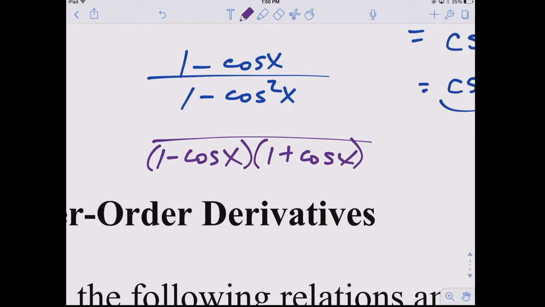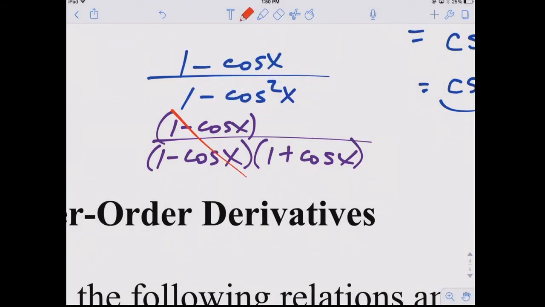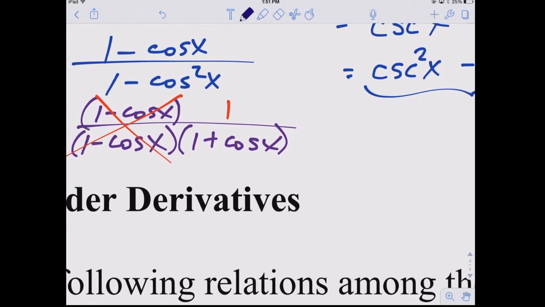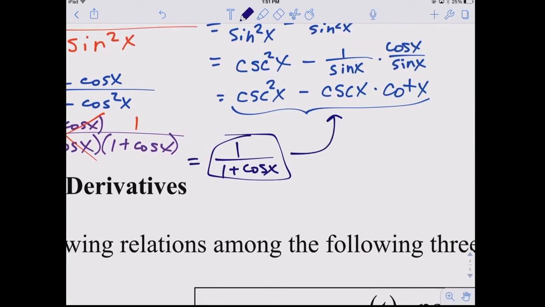And that's kind of interesting because in the top we have 1 minus cosine of x. And now what happens? Yeah, now we can divide out those again if we want, and it leaves a 1 in the top. And lo and behold, we are left with 1 over 1 plus cosine of x. And that's pretty darn pretty. That's equivalent to that.